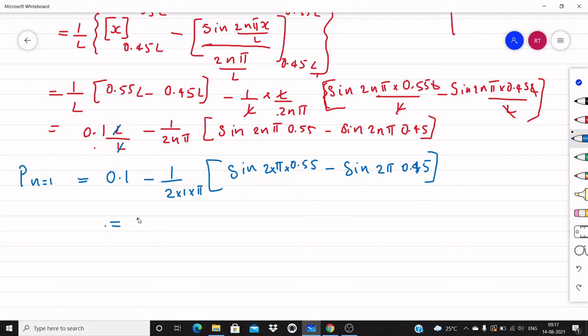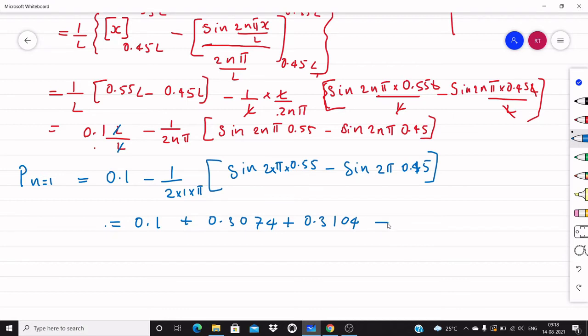0.1 here, and plus, from the second term you will have 0.3074. You please calculate the sine values and apply the pi to all the values and find the value properly, plus 0.3104.